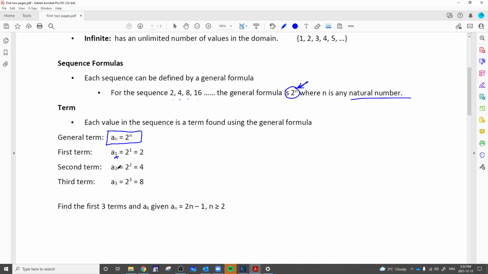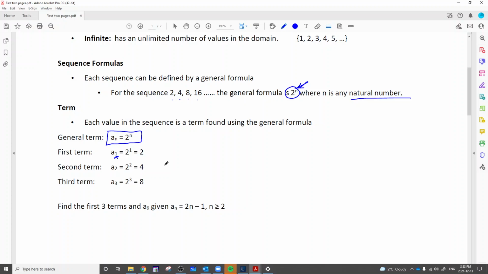When n is 2, we find that it's 4. If we plug in n is 3 for the third term, we get 2 to the 3, which is 8. And if we kept going, we'd get 2 to the 4 is equal to 16, and so on.